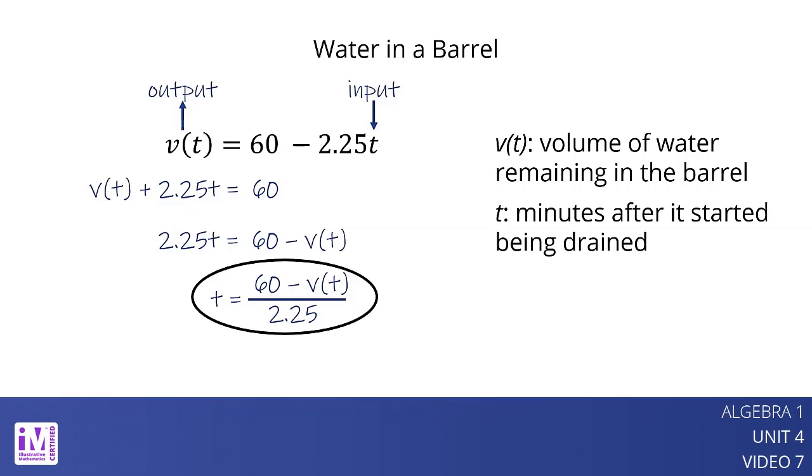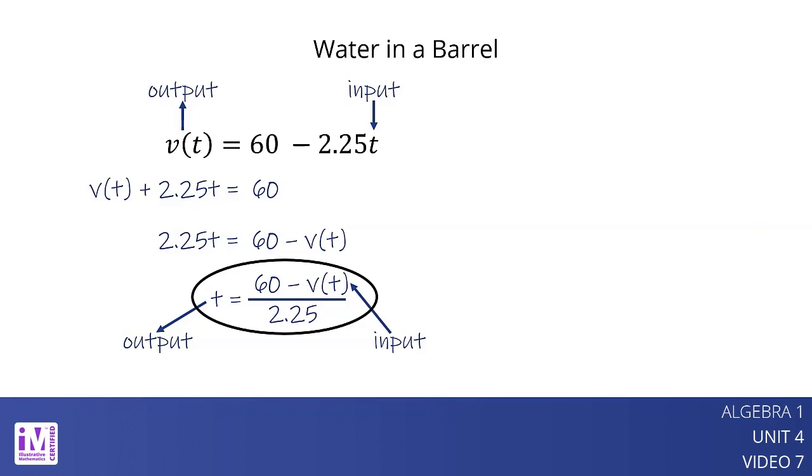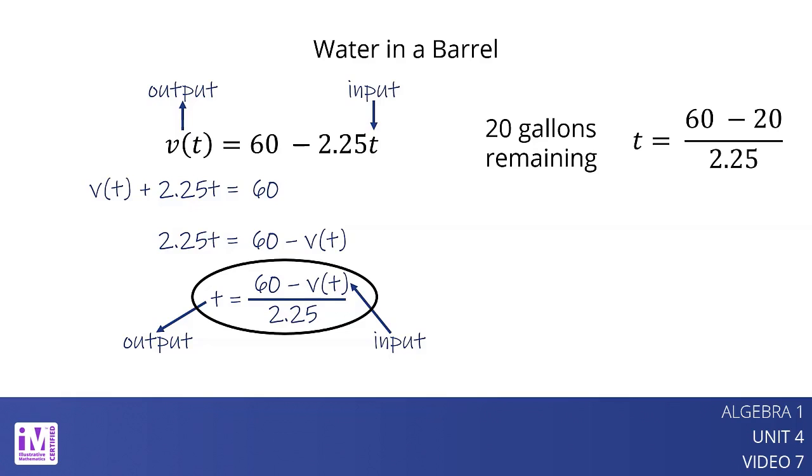This equation now shows t as the output and V of t as the input. We can easily find or estimate the time when the barrel will have 20 gallons remaining by substituting 20 for V of t. We can also find the time when the barrel is empty by substituting 0 for V of t.